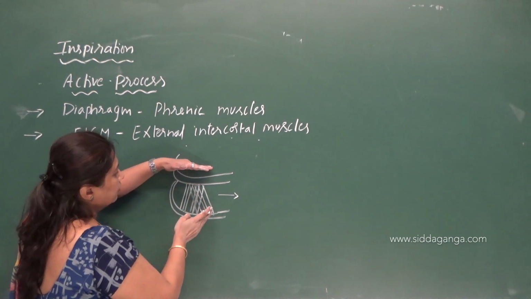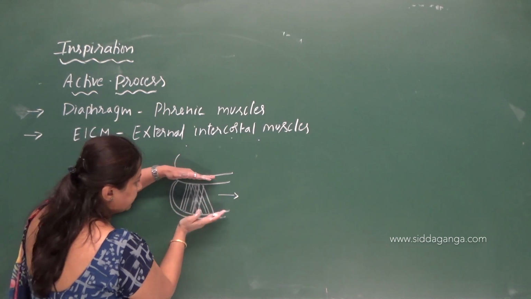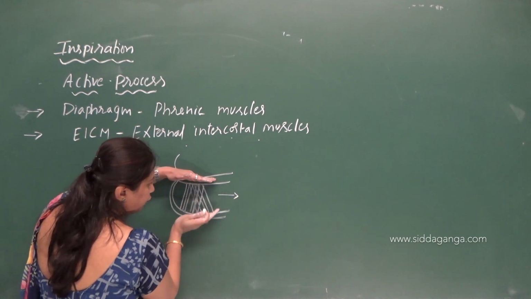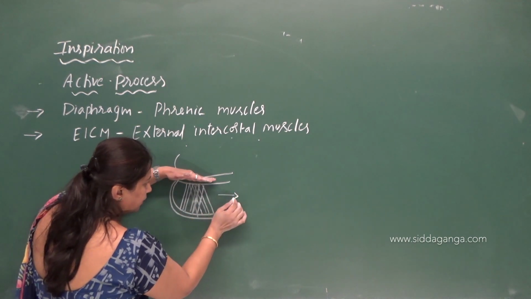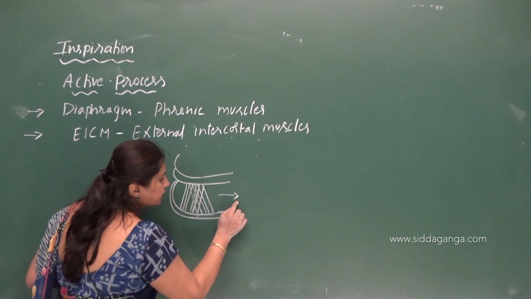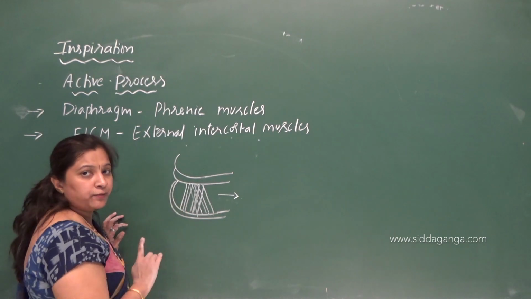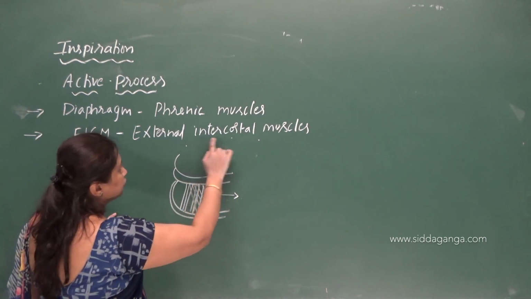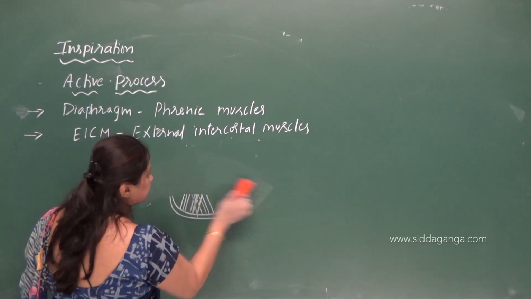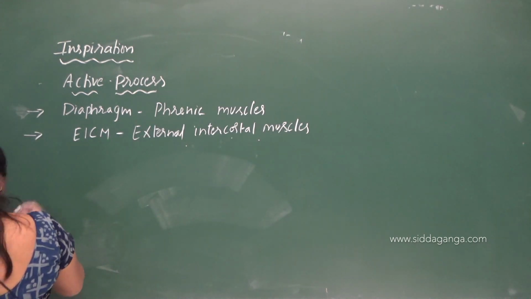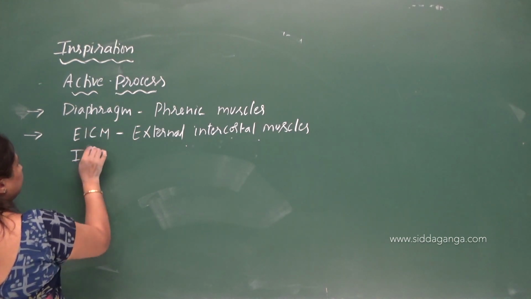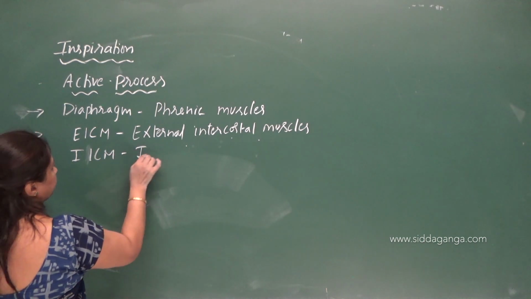The external intercostal muscles are present in between the two ribs. The space in between the two ribs is the intercostal space. This intercostal space consists of two types of muscles. One is the external intercostal muscles, and another is the internal intercostal muscles.